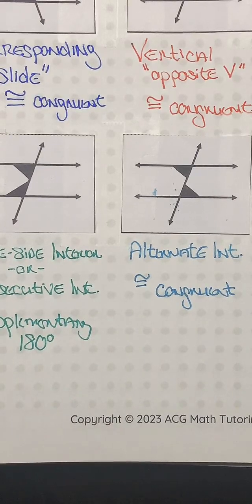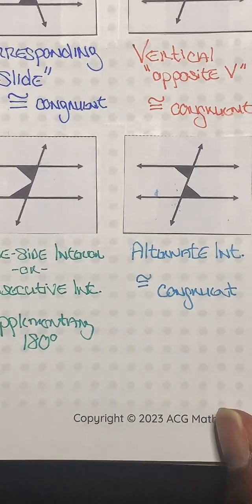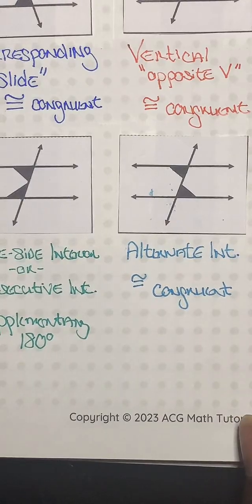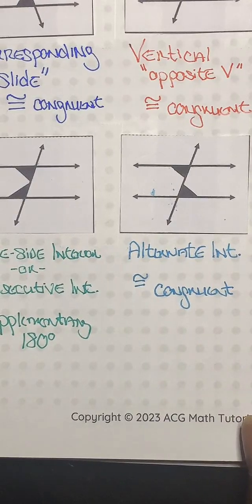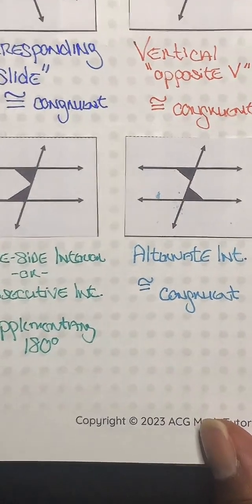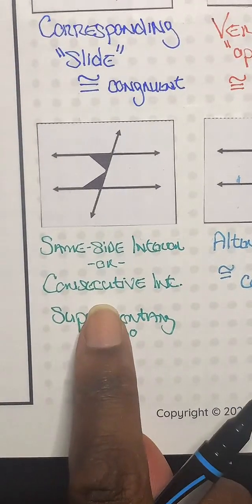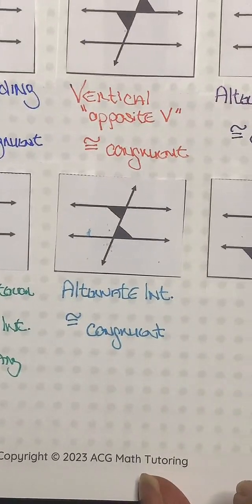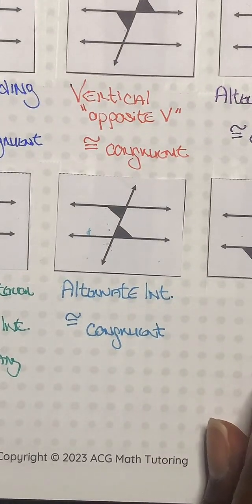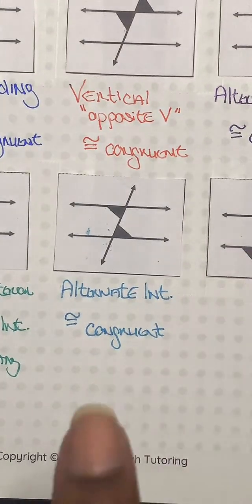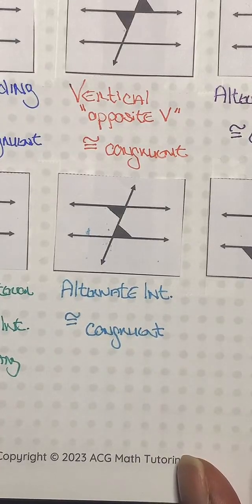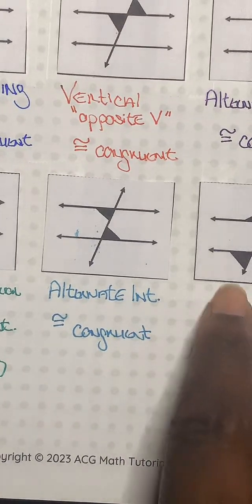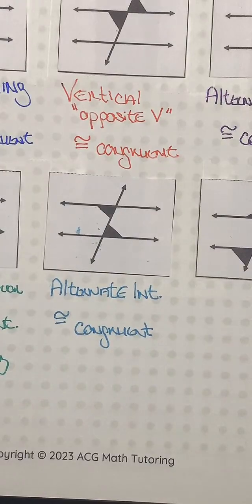So far, it looks like the only thing that's supplementary is same side or consecutive interior angles. So when I look at same side exterior, that's what's happening here.